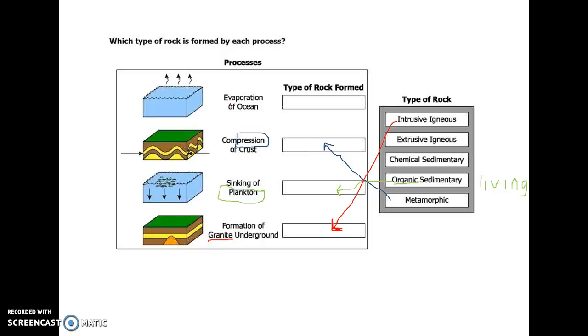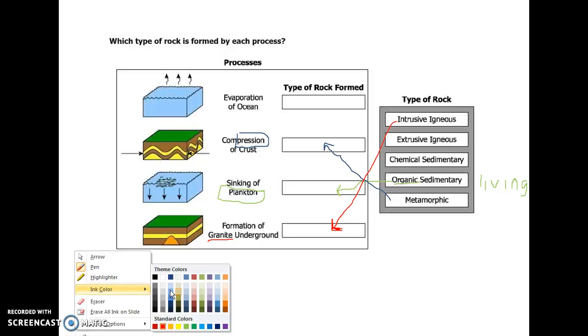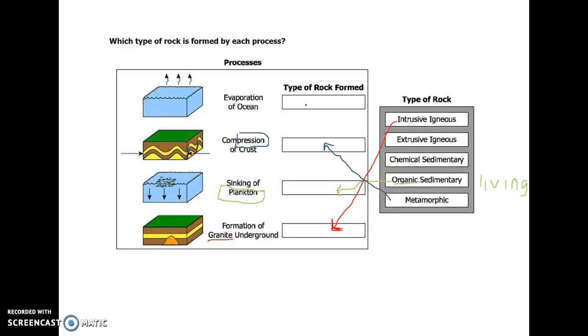All right, now this last one is evaporation of the ocean. So we remembered that igneous rocks come from magma and lava. So we know it can't be extrusive igneous, because that means it's magma or lava that's cooled on top of the earth.